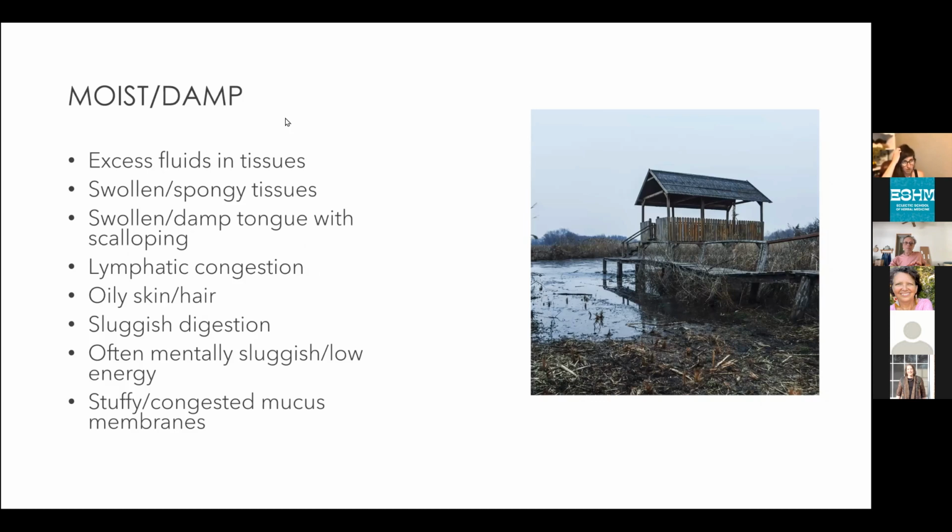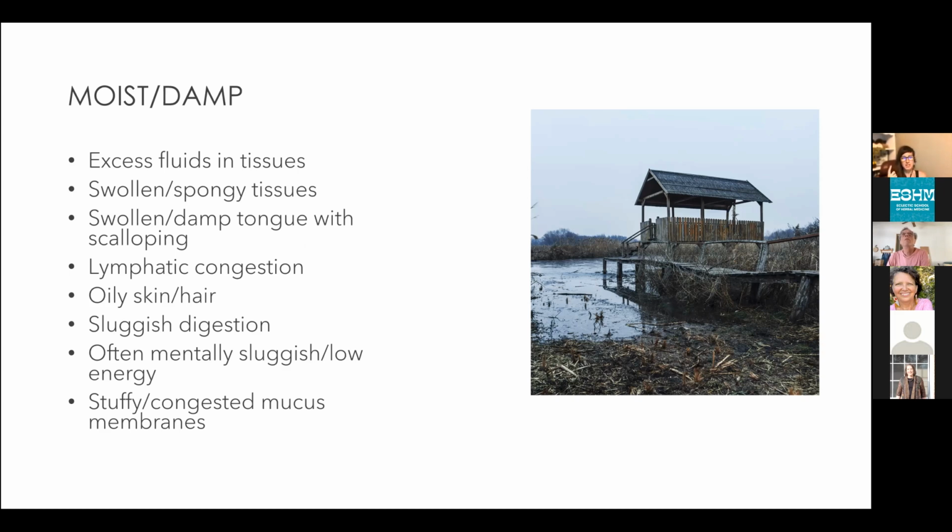And so we have the moist or damp tissue state. It often looks like excess fluids in the tissue in general. So we're thinking about swollen, spongy tissues. The tongue can often look puffy. It's often going to be shiny and slick with saliva.